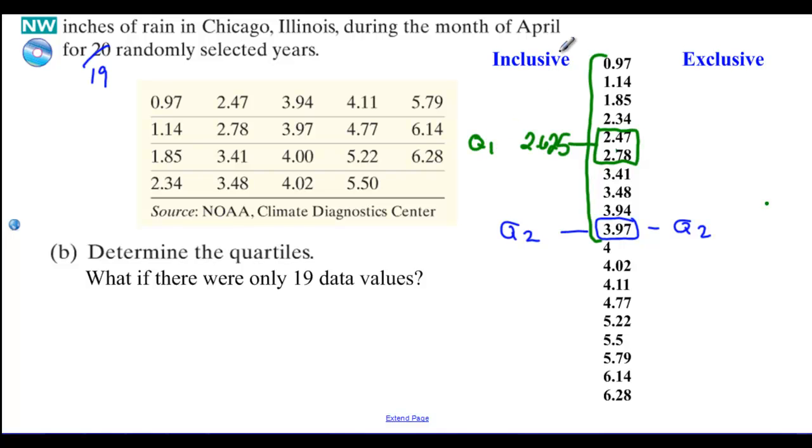And then again, because we're doing the inclusive method, we're going to include this median again. So we're including that data point again for the second half. So again, we have 10 data points. So we're looking for the 5th and 6th. So we're going to find the mean of these two data points.